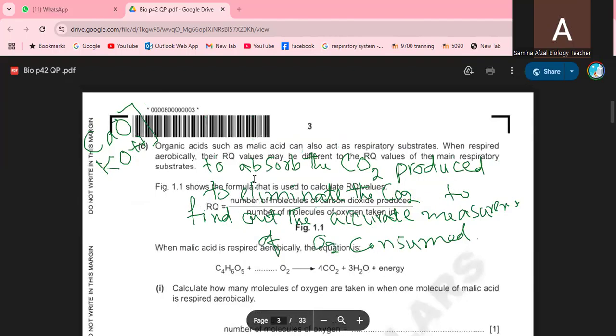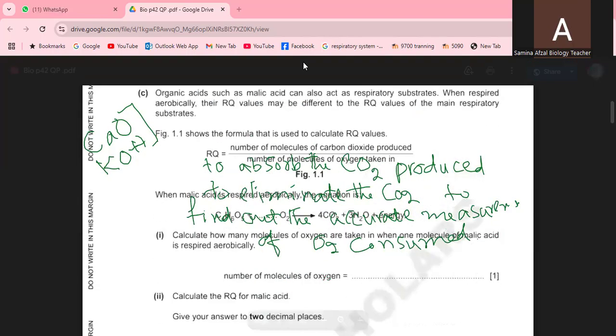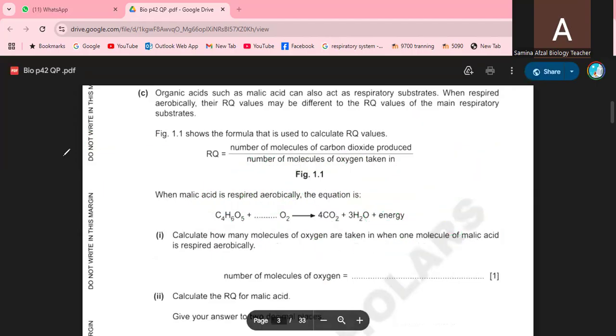Now we are moving towards the next question, and they have given the formula over here for RQ. Organic acids such as malic acid can also act as respiratory substrates when respired aerobically. Their RQ values may be different to the RQ values of the main respiratory substrates. So RQ is the number of carbon dioxide molecules produced over the number of oxygen molecules taken in.